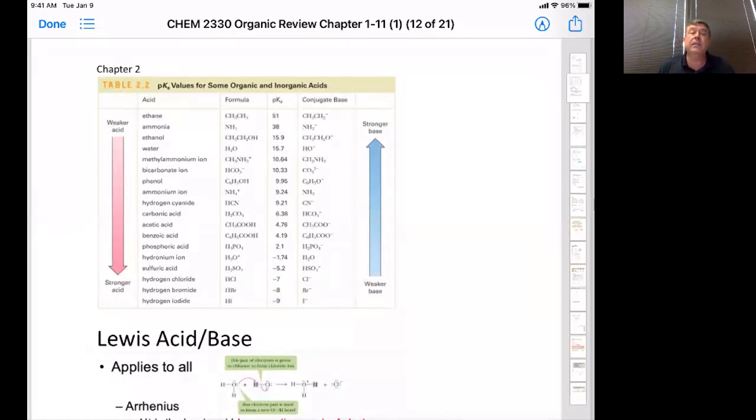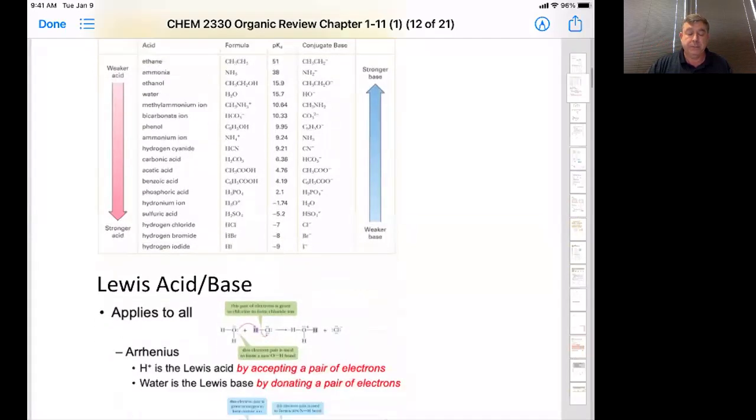Then what we also learned is there's different kinds of acids and bases, right? There's the kind of acid and base that only works in water. And that was one definition. But then there was also, when we had organic compounds, we called them Bronsted-Lowry acids and bases. So they're organic compounds, not in water, but they still transfer the proton. But then we broadened the topic out even more to talk about Lewis acids and bases. And so we didn't have to transfer a proton at all in a Lewis acid and base, okay?